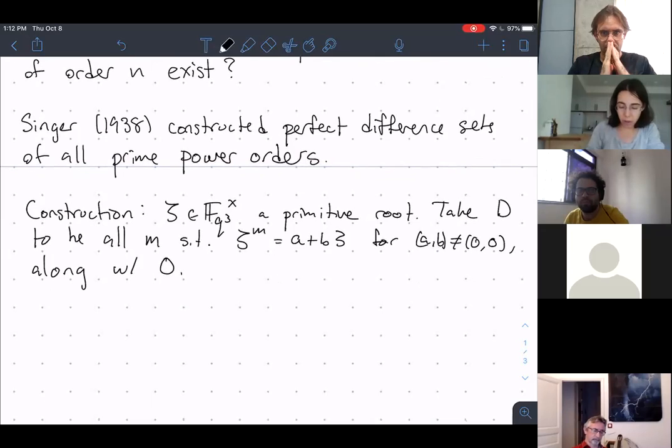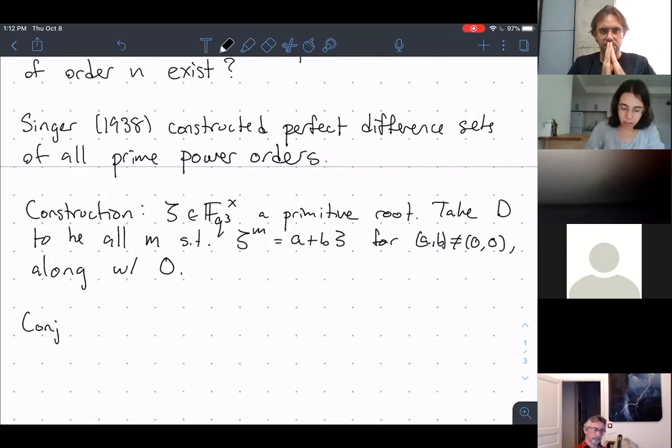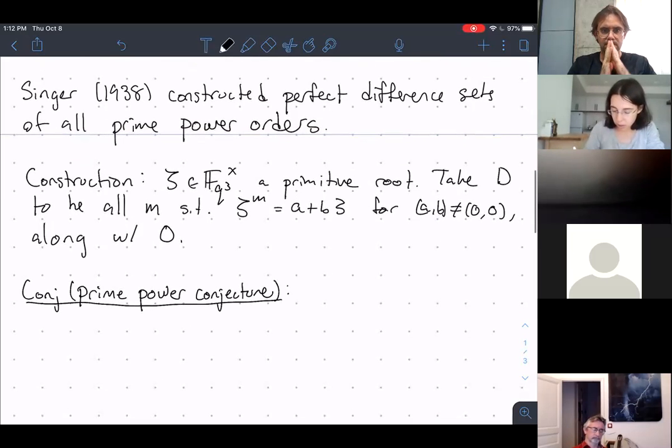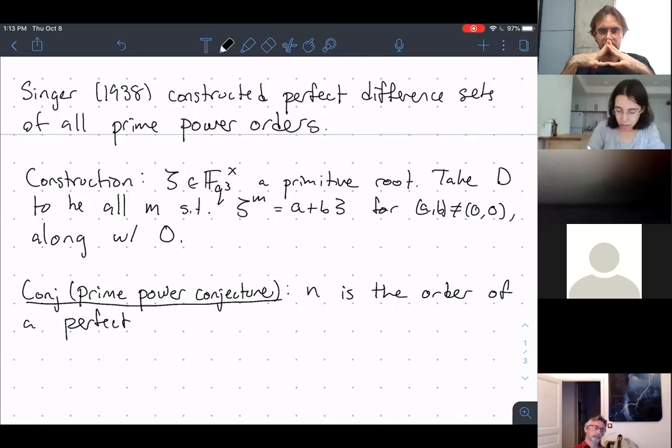So Singer constructed perfect difference sets of all prime power orders, and it's an old conjecture that these are the only orders for which perfect difference sets exist. This is known as the prime power conjecture. It says that n is the order of a perfect difference set if and only if n is a prime power.